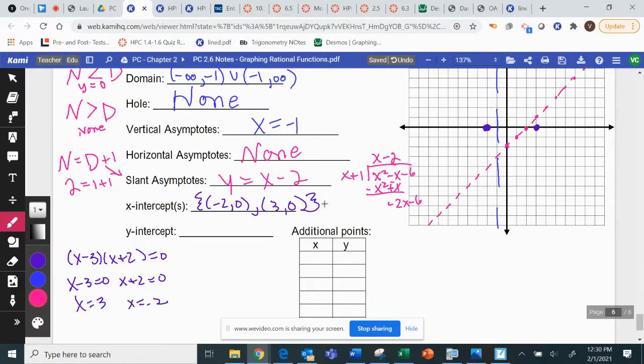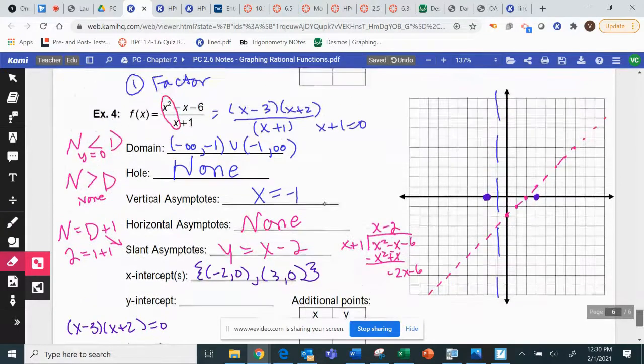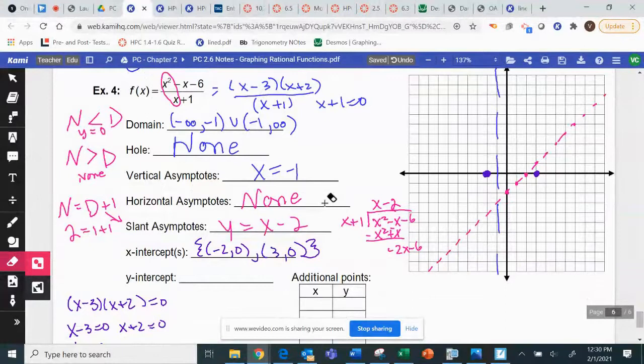And then my y-intercept, I've got to plug in. I was going to plug it into the original, before it was factored, because it's easier for me to find the y-intercept that way. So if I plug it into the original, all those x's become 0, and I get negative 6 over positive 1.